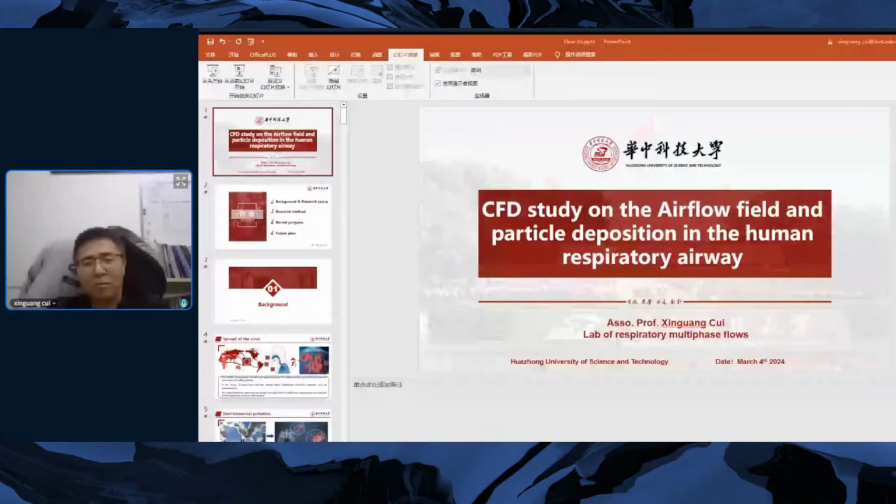We also did some work using CFD PBPK to study how particles distribute in the whole body. But today I will only focus on the CFD study on the airflow field and the particle deposition.